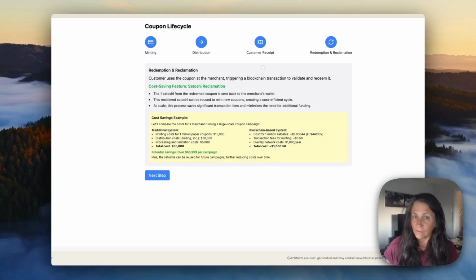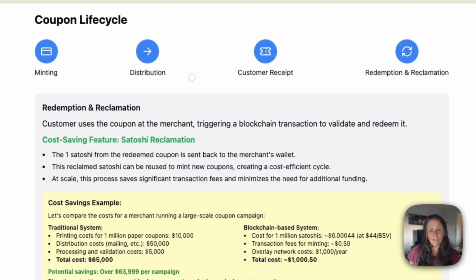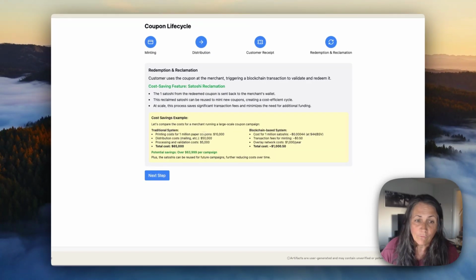I mean, this is all invisible to the consumer, but this is what is behind it. But that one Satoshi, when the customer redeems the coupon, that gets sent back to the merchant, or at least it could. There's a lot of ways that this could be done. So at scale, this process saves significant transaction fees and minimizes the need for additional funding.